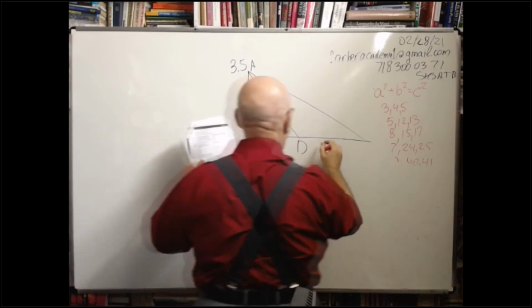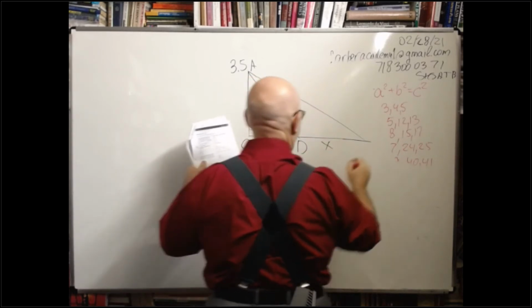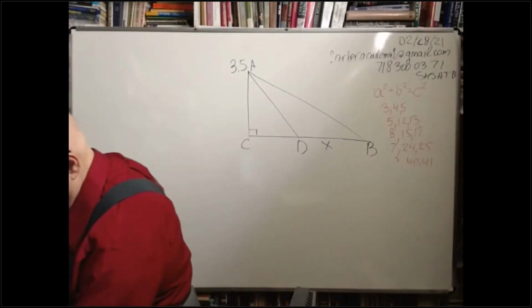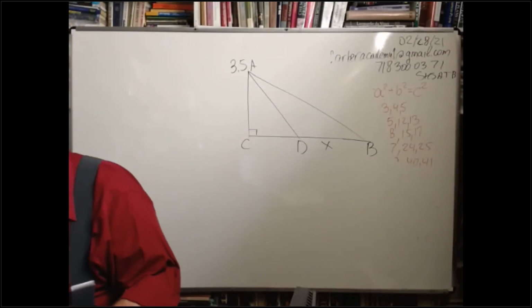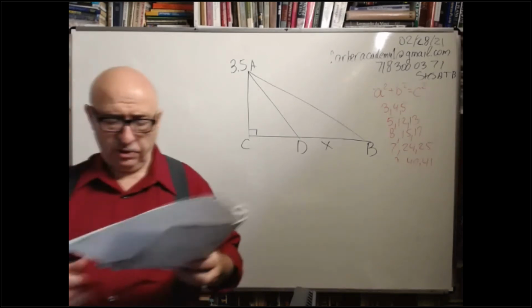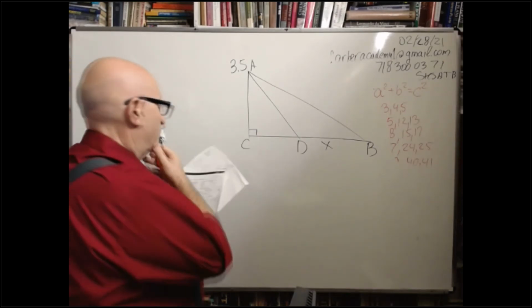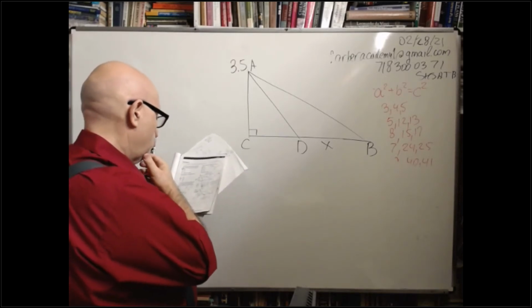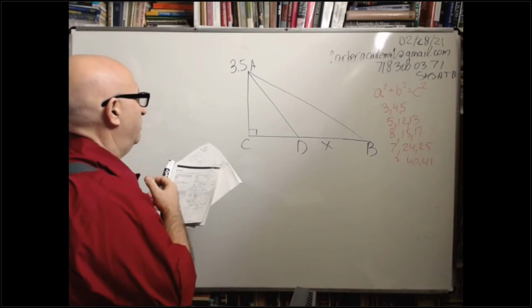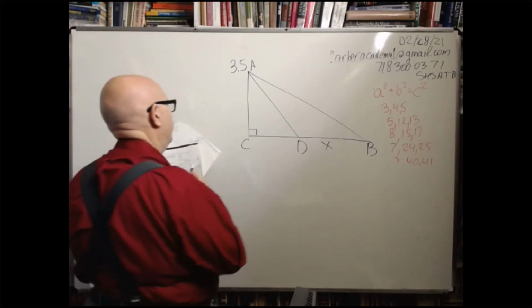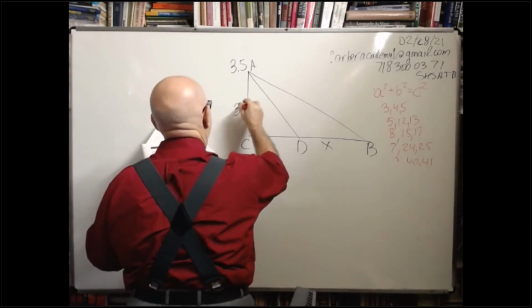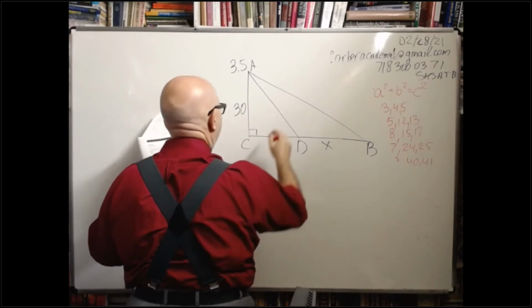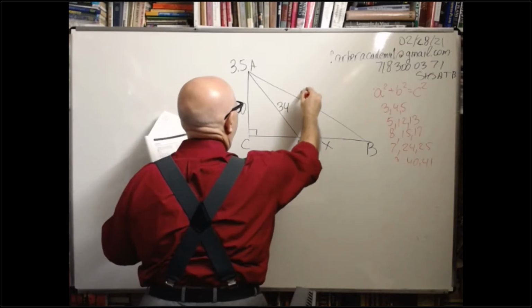This is X. This is B. I change numbers. I will not use the same numbers again. Let's say this is 30. This is 34. This is 50.